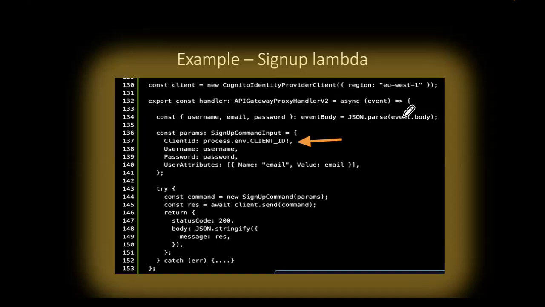We saw the event body earlier on when we were looking at the to-dos application. So the event body contains the payload of the HTTP request. We're extracting these parts of the payload, and then using them in the construction of my sign up command object.